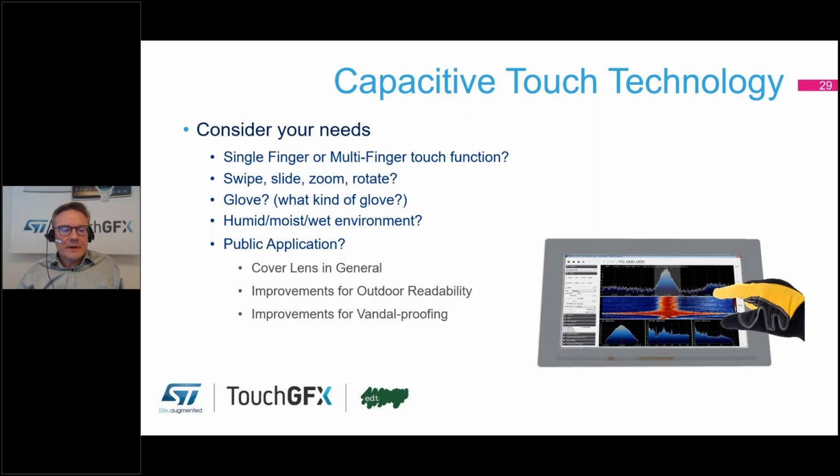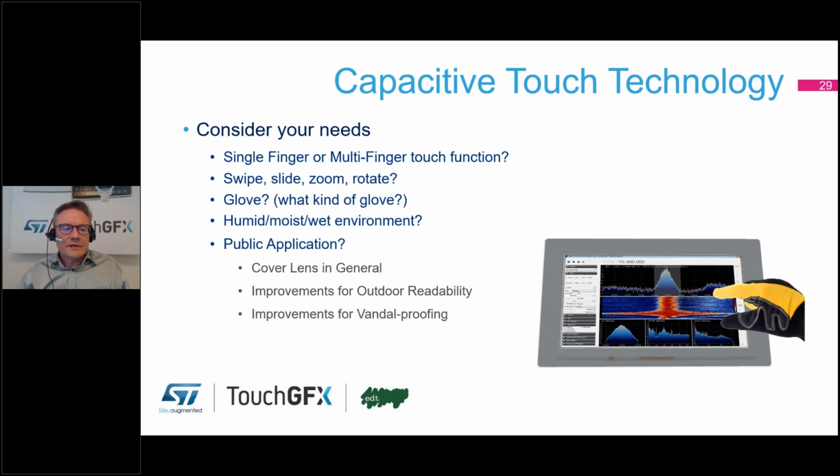The capacitive touch technology is the most widely used technology today in modern electronics. There are generally single finger touch and multi-touch multi-finger technologies out there.